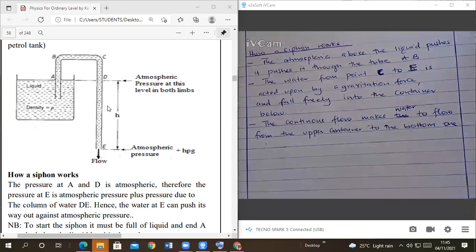That continuous flow from point A to point E, that's what we are talking about.